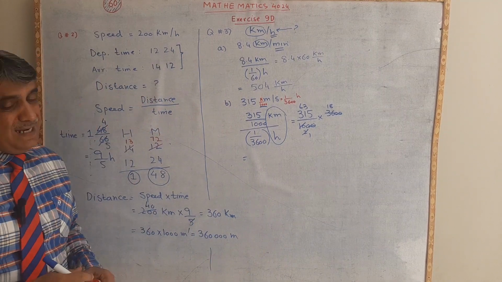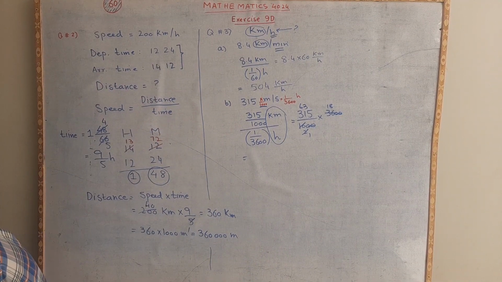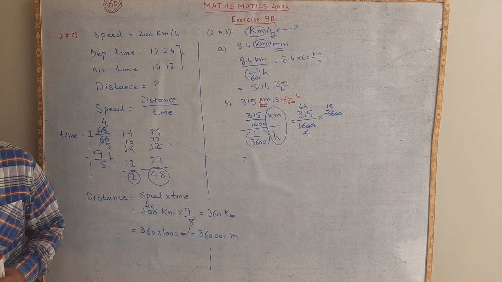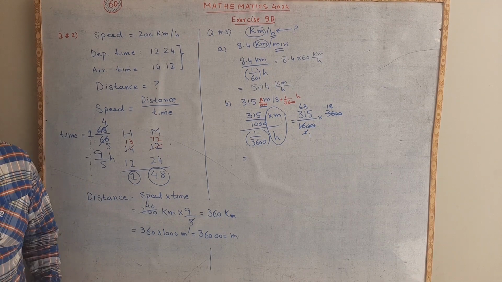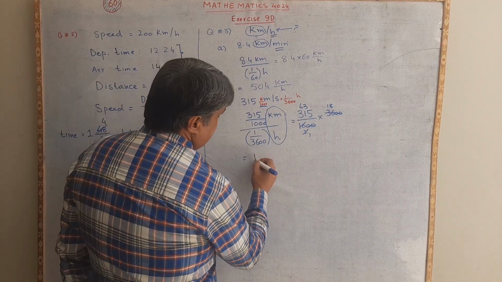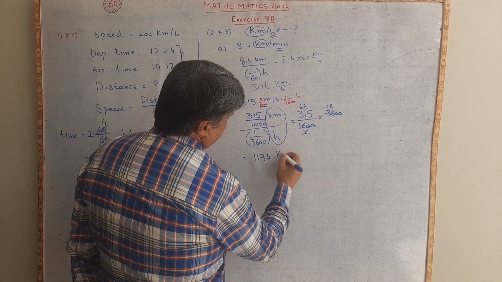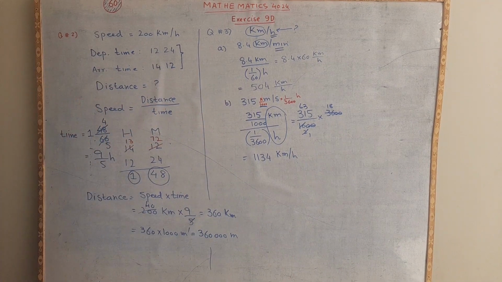When we multiply 18 with 63, we will get the required answer, and that is calculated for you in advance. 1134. 1134 kilometer per hour will be the answer.